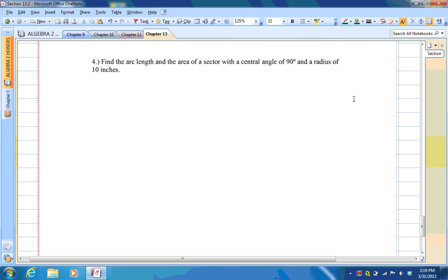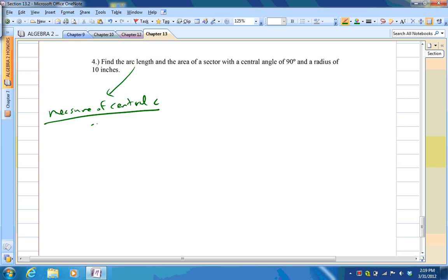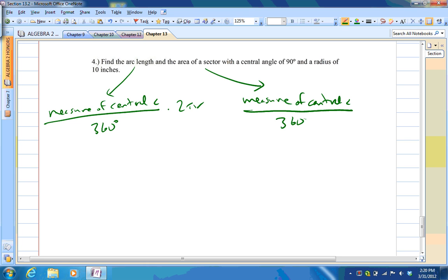Last thing, find the arc length and area of a sector with a central angle of 90 degrees and a radius of 10 inches. Now, if you forgot, to find arc length, it's always the measure of the central angle divided by 360 degrees times 2 pi r, or to find area of a sector, it would be the measure of central angle divided by 360 degrees times pi r squared.